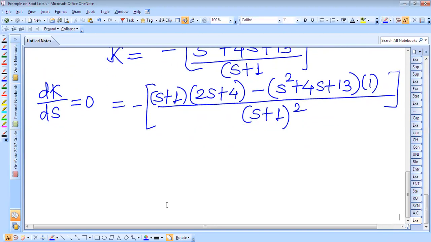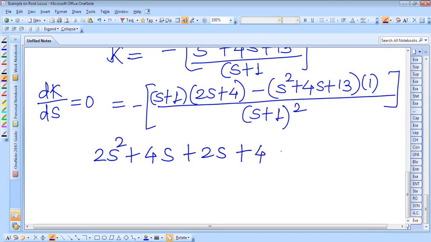Now we have to solve this further. So this is 2s square plus 4s plus 2s plus 4 minus s square minus 4s minus 13, and that is equal to 0.